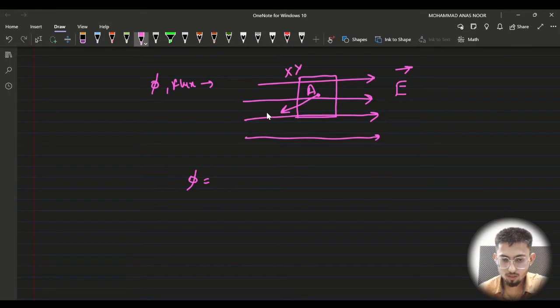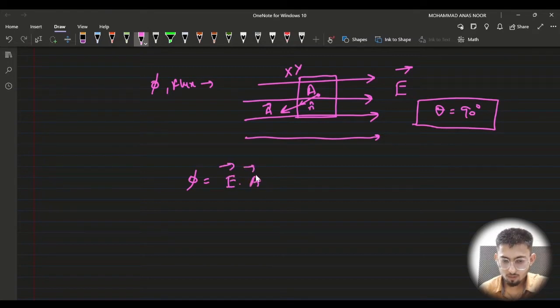This small one would be n cap. So what we see here is that the angle theta between electric field and normal is 90 degrees, and phi is E dot A, which is E into A into cos 90, isn't it?